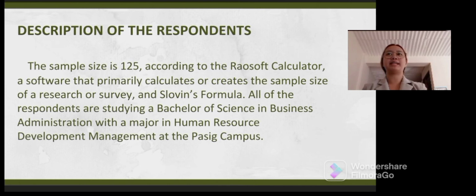The sample size is 125, according to the RAOSOFT calculator, a software that calculates the sample size of a research or survey, and the Slovin formula. All of the respondents are studying a Bachelor of Science in Business Administration with major in Human Resource Development Management at the Pasig campus.